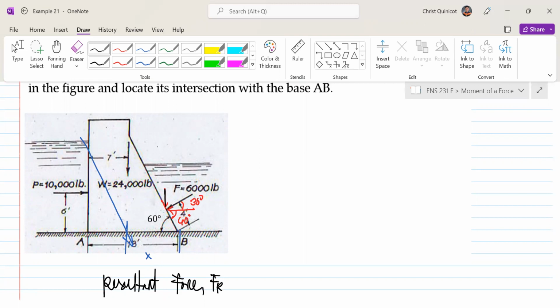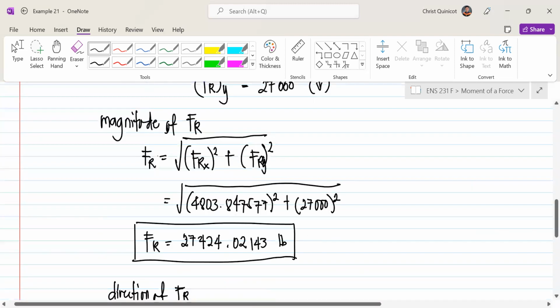One way to know is to measure first the resultant moment using our 10,000, 24,000 and 6,000 pound forces.